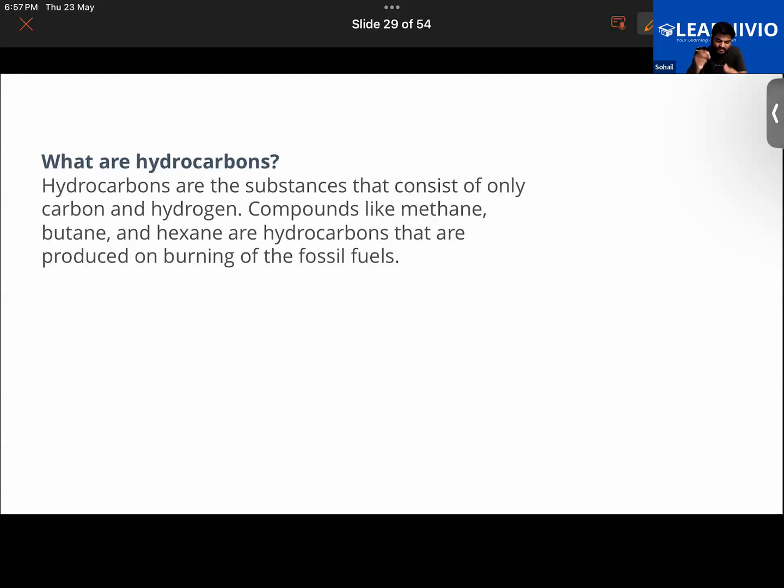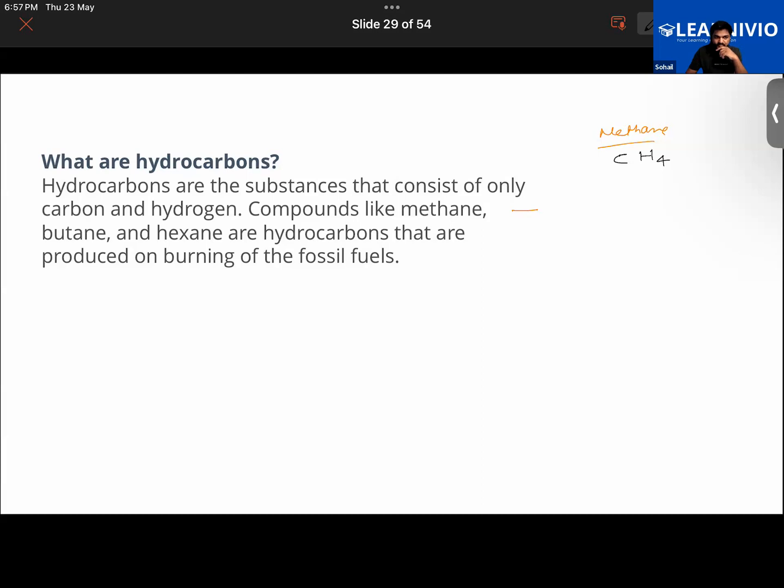For example, compounds like methane. Methane is made up of carbon and hydrogen, that is CH4, one atom of carbon, 4 atoms of hydrogen. Getting it now? For example, you have butane, you have hexane. All of these are basically hydrocarbons.